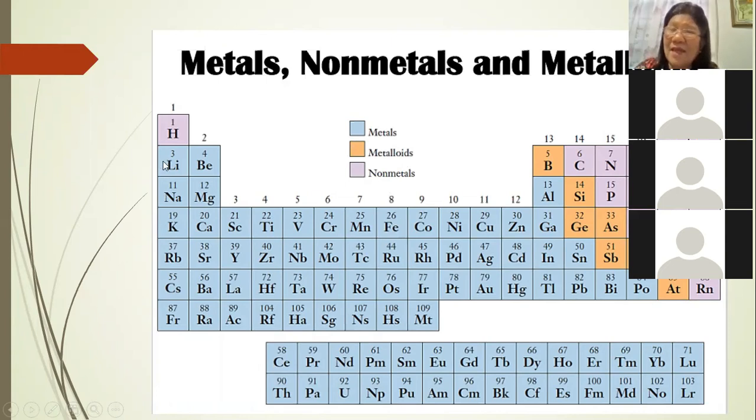Right? Group 1A, 2A, until this portion, the lanthanide and the actinide are all metals. Asa namang kutob ang non-metals? Here, non-metals and metalloid ang portion.